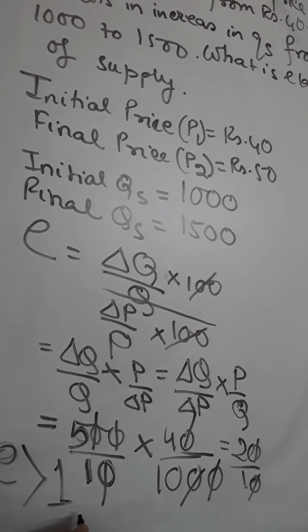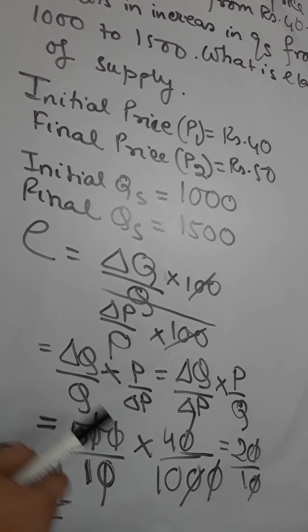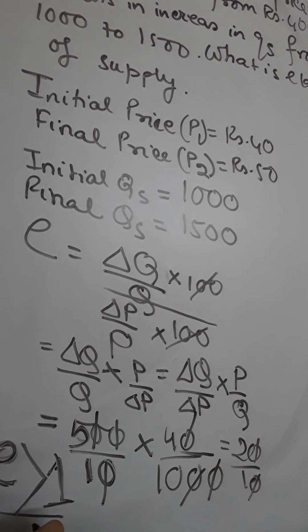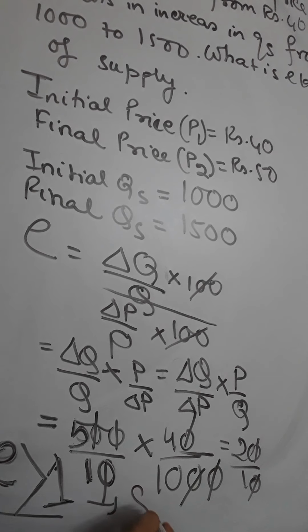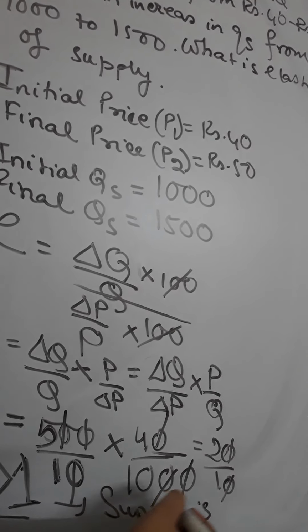That means if you need to write the conclusion, the supply of ball pens is fairly elastic, because when the elasticity value is greater than 1, we call the supply elastic. So the supply of ballpoint pen over here is quite elastic.